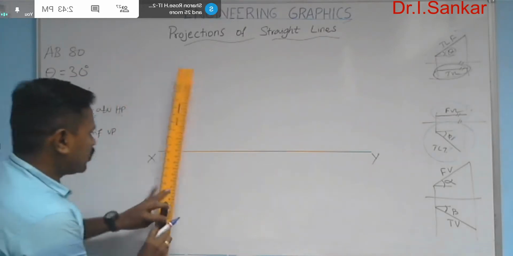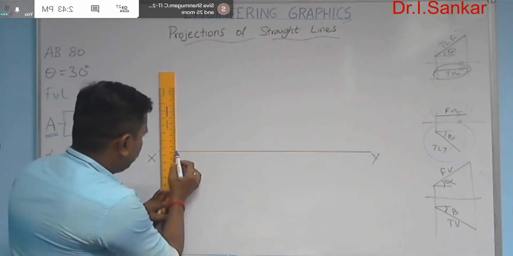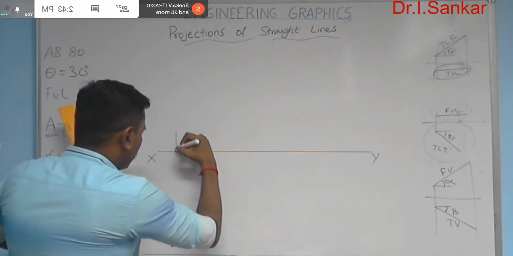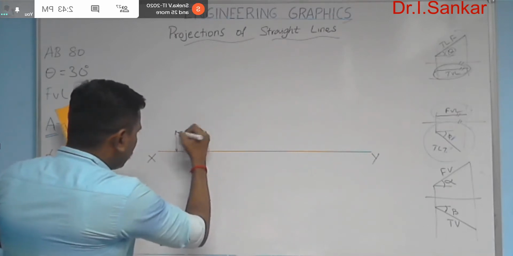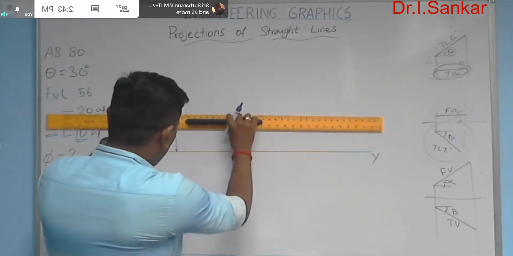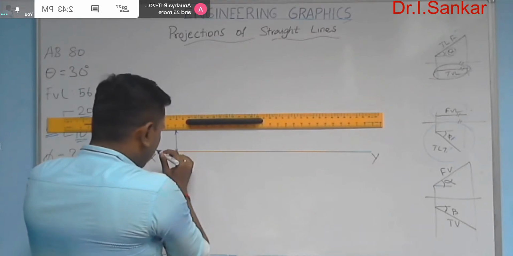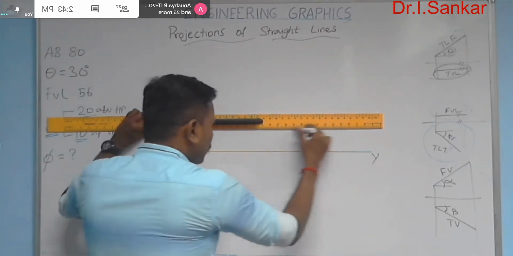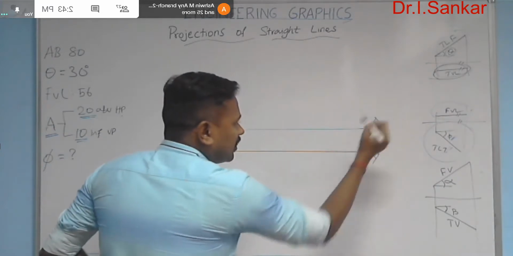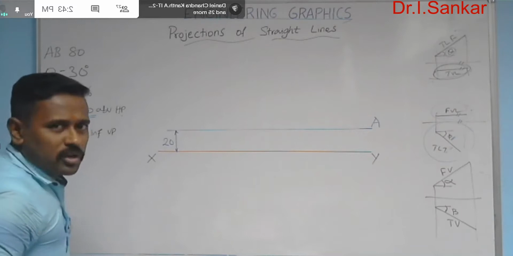So from XY, measure 20 mm above XY and draw a line, which is the locus of point A in the front view area. This is the locus of A in front view, 20 mm above the XY line.